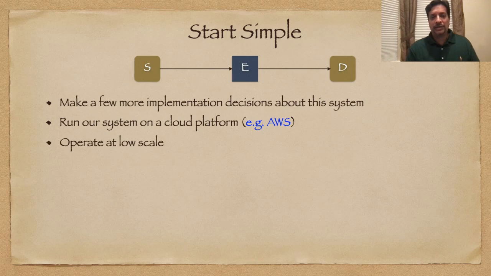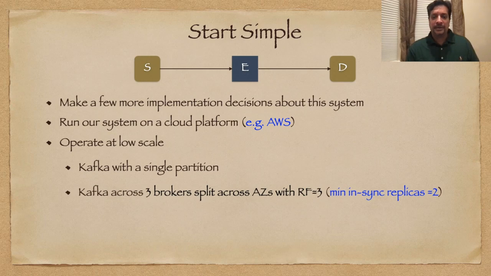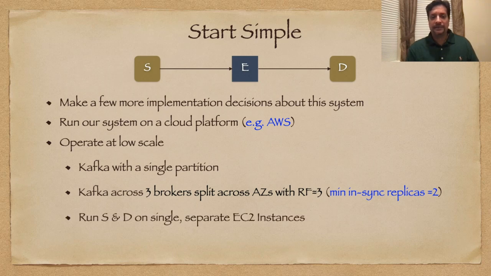Additionally, to start with, let's operate at low scale. This means we can run Kafka with a single partition in our topic. However, since we want things to be reliable, let's run 3 brokers split across 3 availability zones and set the RF, or replication factor, to 3. Additionally, we will run S and D on single but separate EC2 instances.